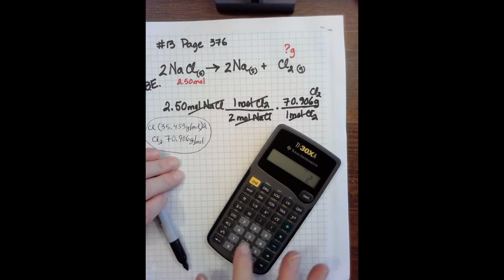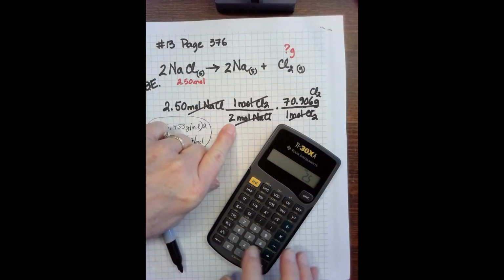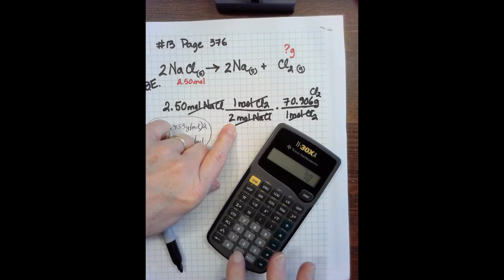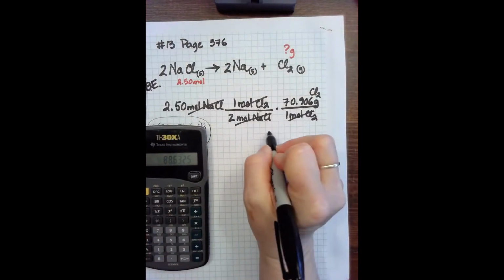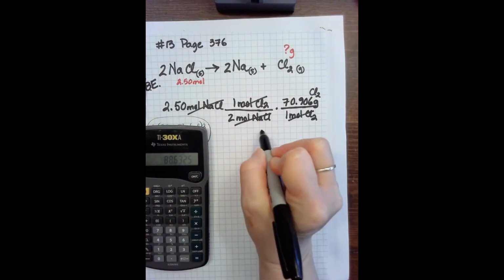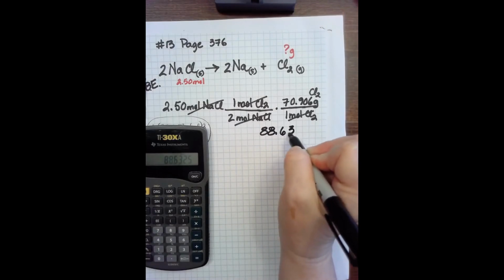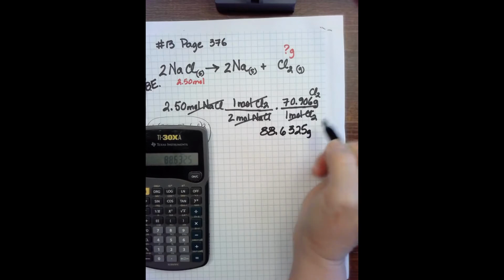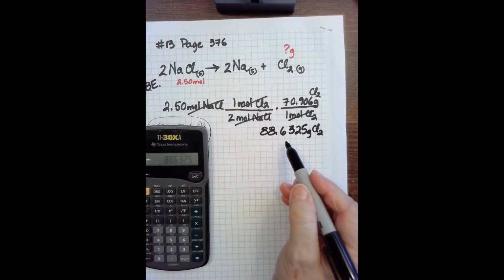So 2.5 divided by 2 times 70.906 equals, and what my calculator is showing me is 88.6325 grams of Cl2, but that's too specific.